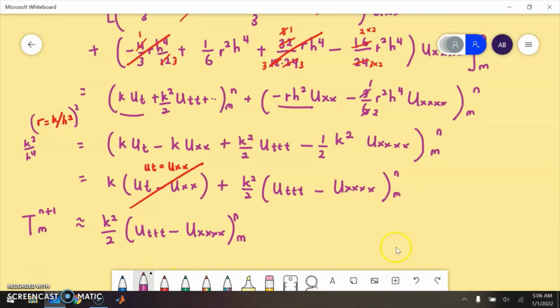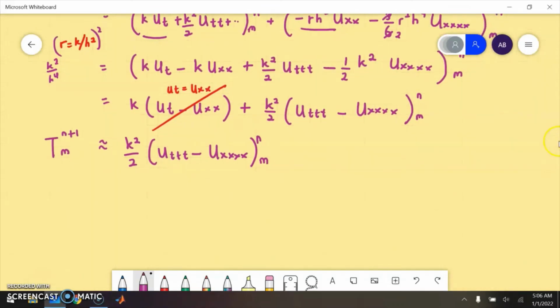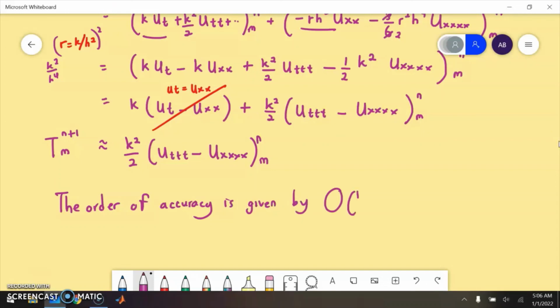So this is the principal part of the LTE, where we can see from here, what can you say? That's the main thing. What can we say? We can say that the order of accuracy is given by the k squared term here.